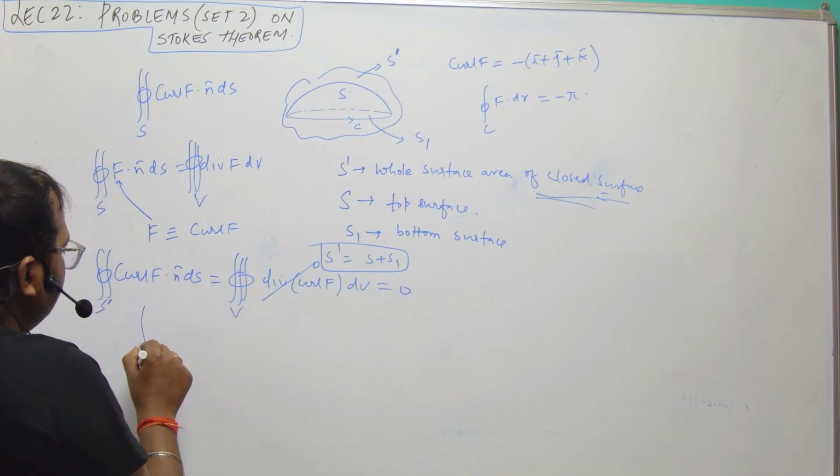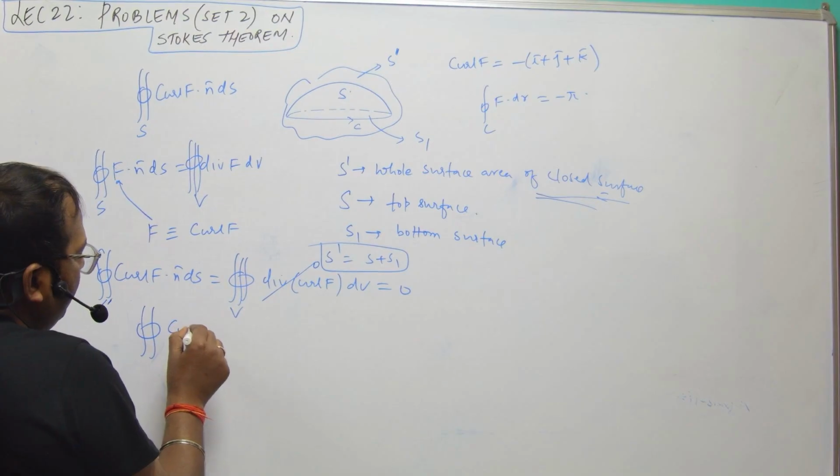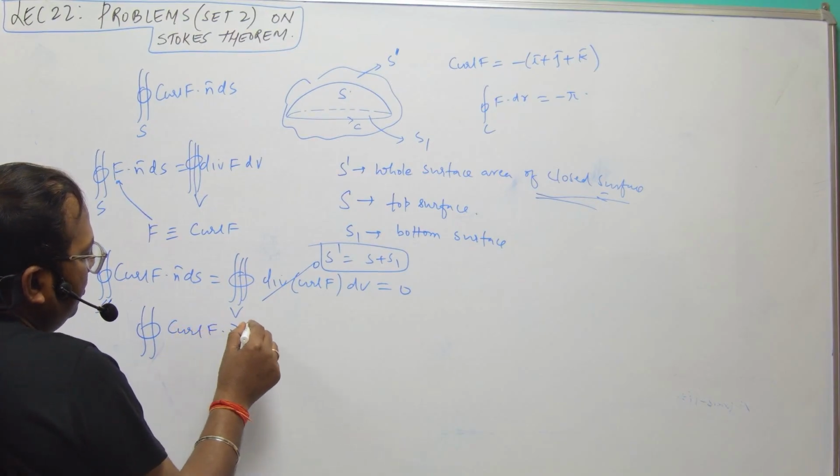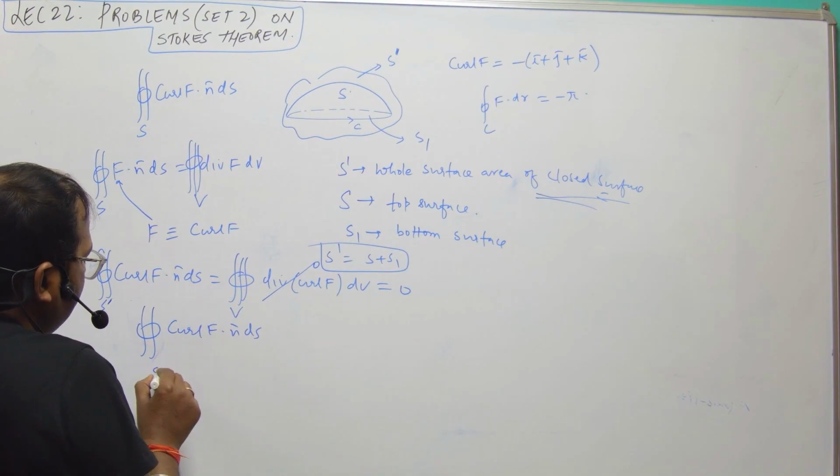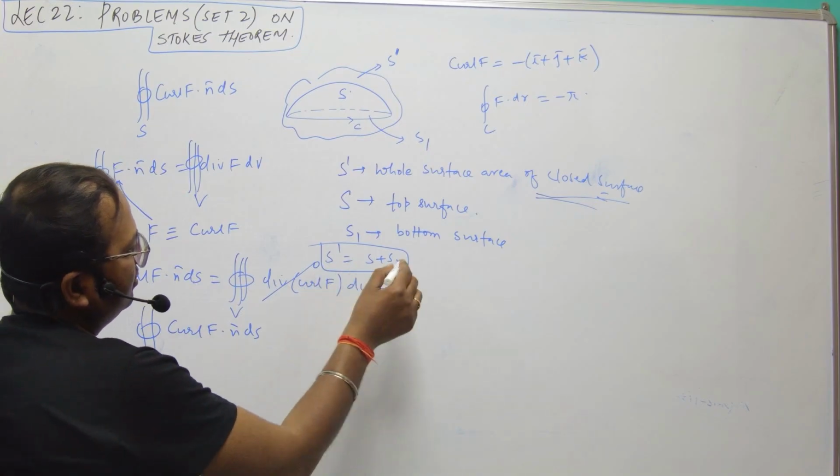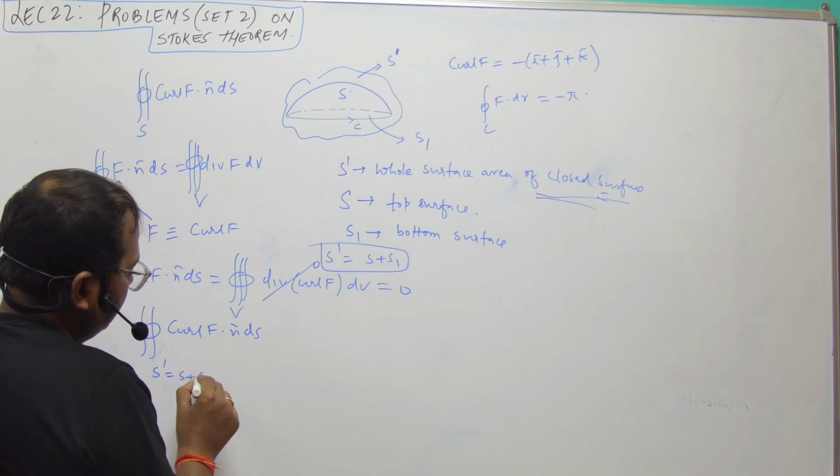So this means the surface integral of curl of f dot n cap ds along the surface S dash is equal to 0. And S dash is equal to S plus S1.